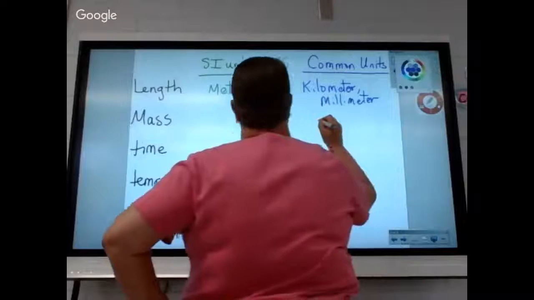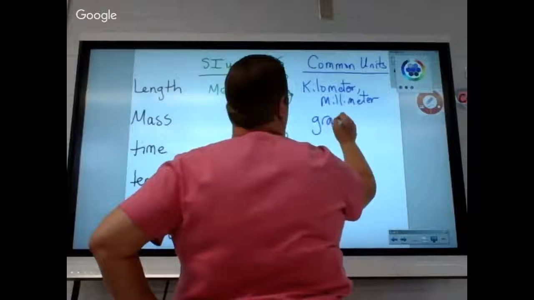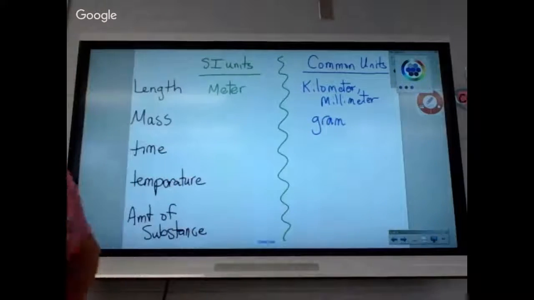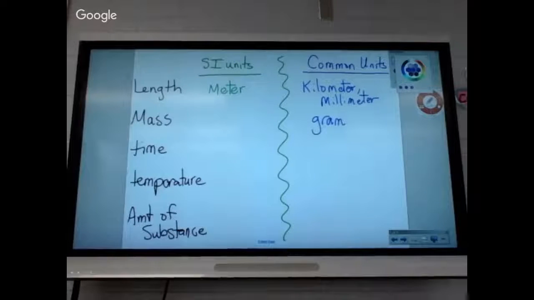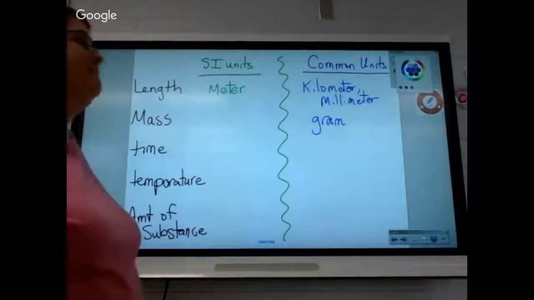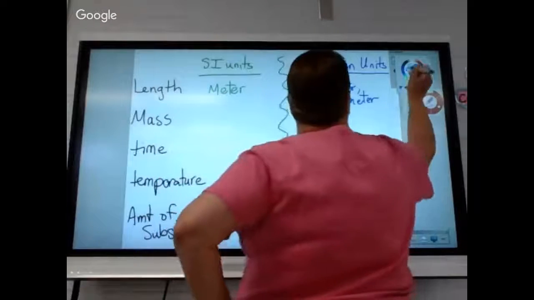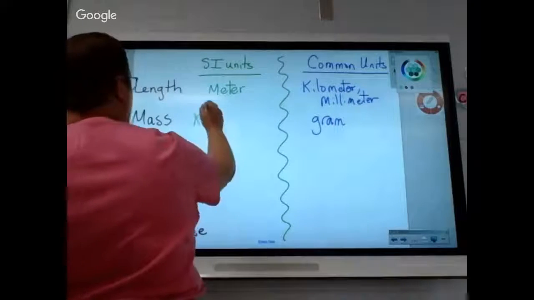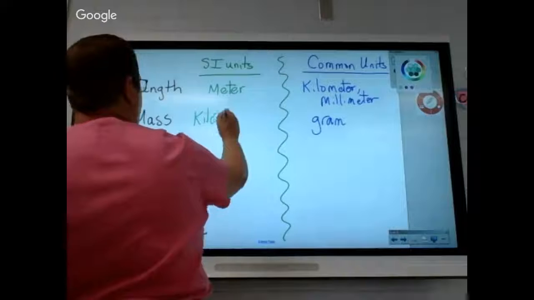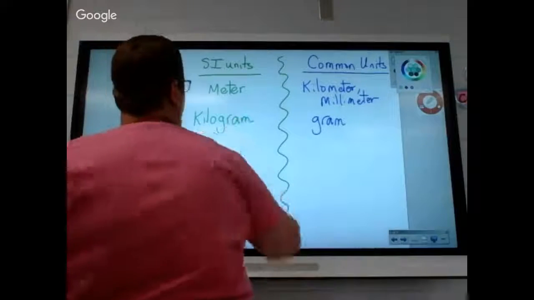Gram is actually going to be a common unit. That's why I said this one throws people off, because it's backwards from what most people think. So what would be the SI unit? There you go. So the common unit here is gram, and the SI unit is kilogram.